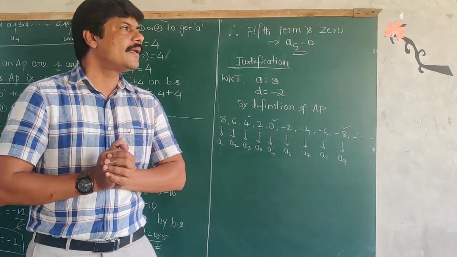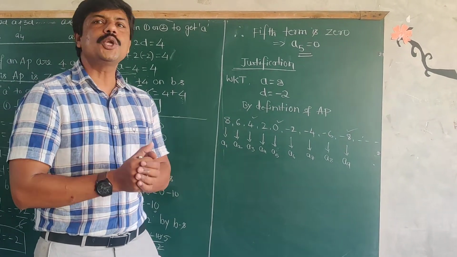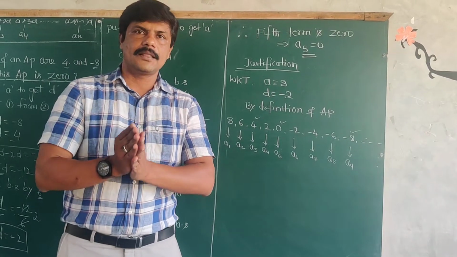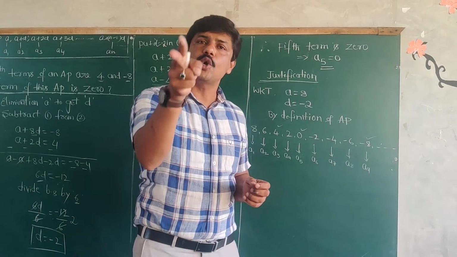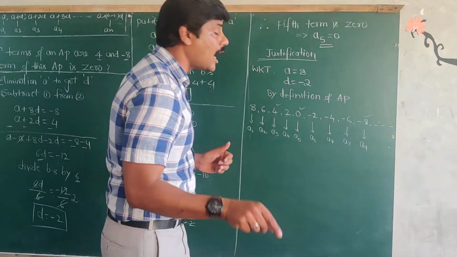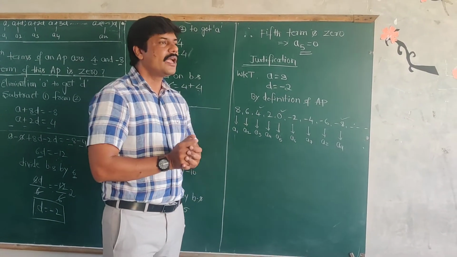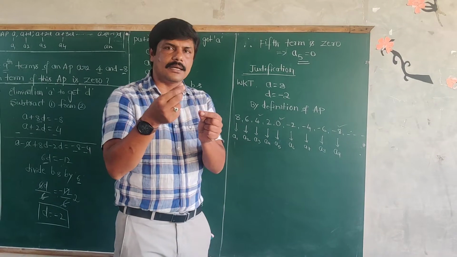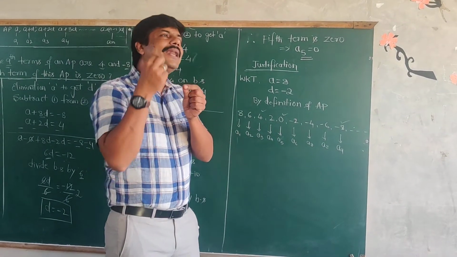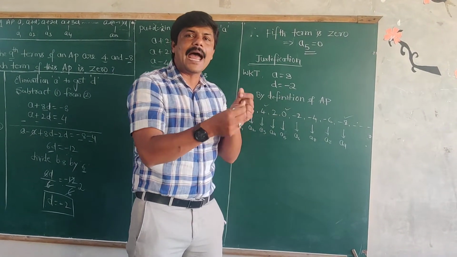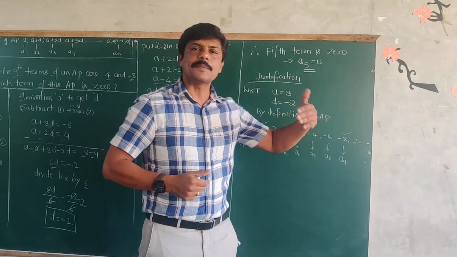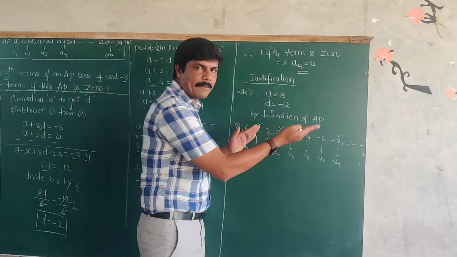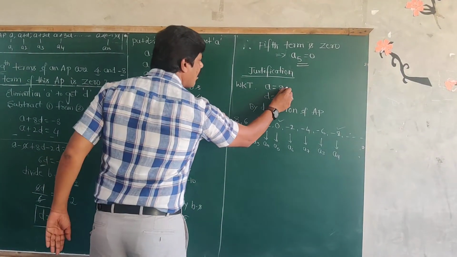It is nothing but the difference between two consecutive numbers, which should be constant. Or it also says that if you add a constant to the preceding number, you will get the succeeding number. If you keep on adding the constant to the preceding number, you will get the subsequent number. That forms an AP.